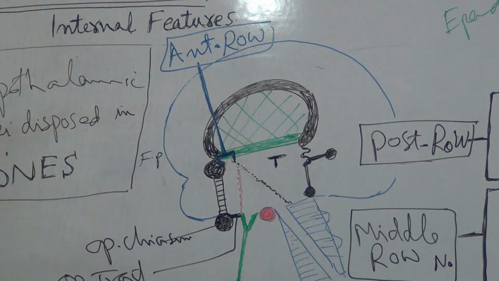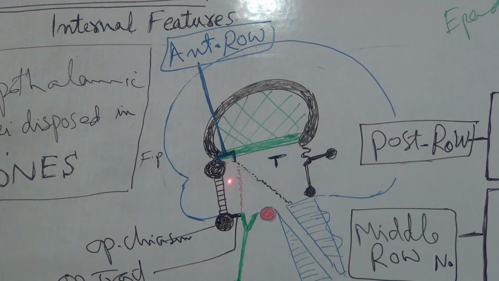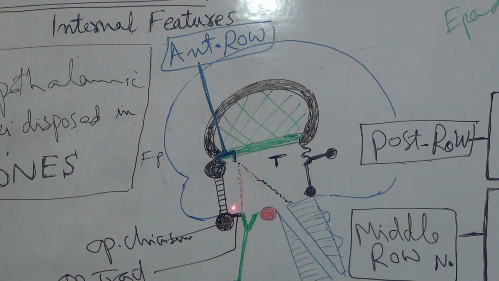This is the part of the hypothalamus where anterior row nuclei are present. So above the optic tract, supraoptic nucleus, above the optic chiasma, suprachiasmatic nucleus. Then in front of the suprachiasmatic nucleus is the preoptic nucleus.